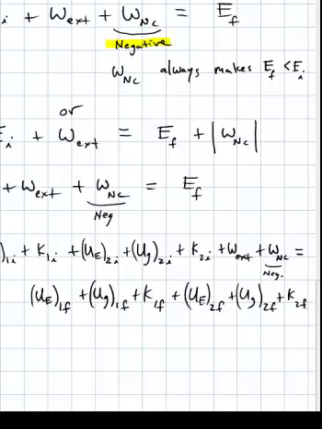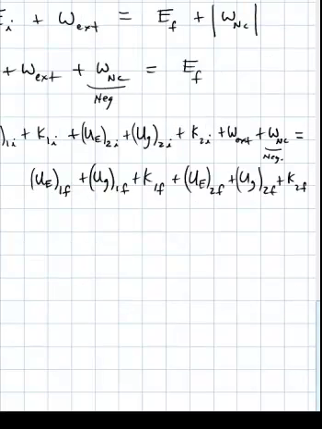So that's everything. We have 2 masses, and we have 3 types of energy that we can have. So now what we want to do is go through and just start thinking about what we can get rid of.